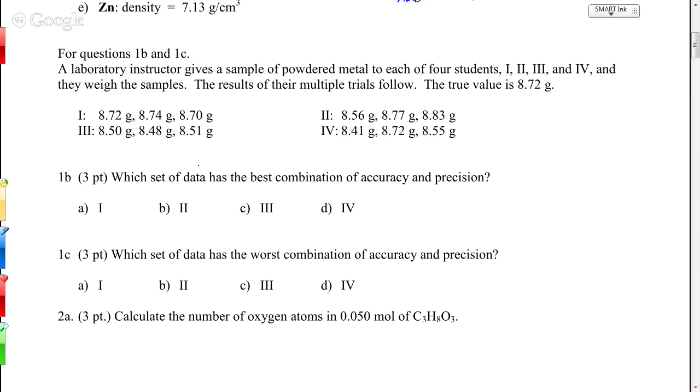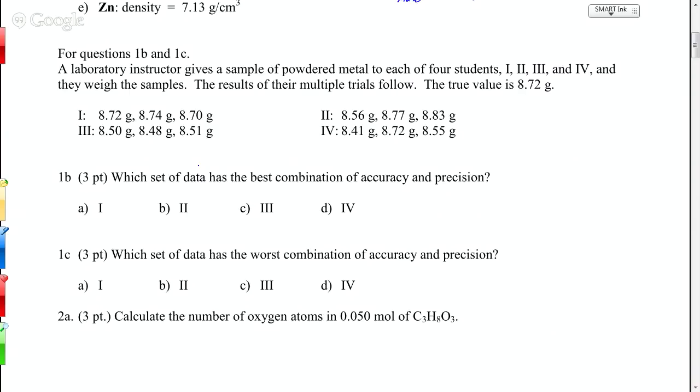What do you think? 3? Why? It's the least accurate and it's not really close to 8.72. Yeah, it's definitely far off, so it's certainly not accurate.